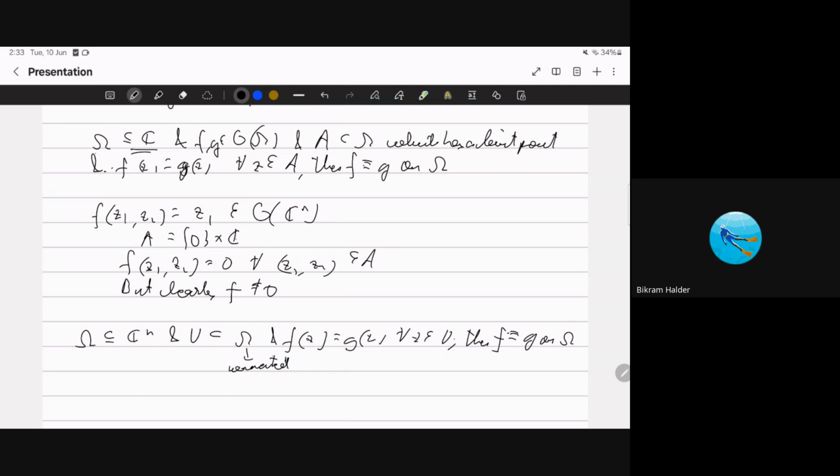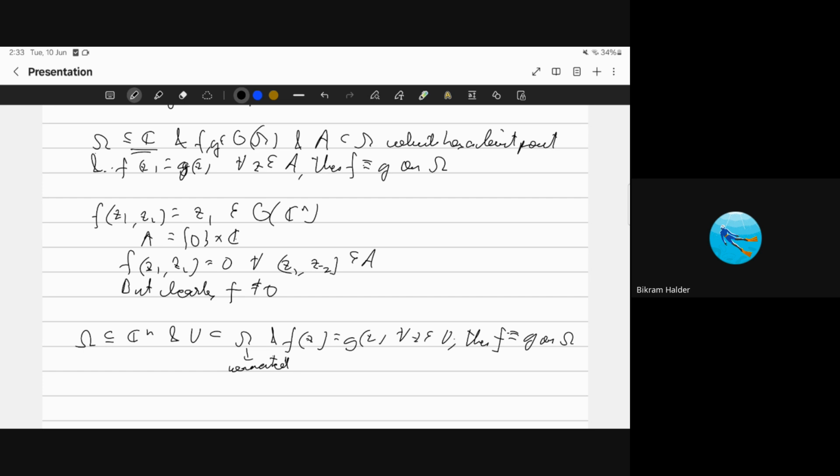So in some sense, because there are more dimensions in Cn, you can always find subsets which have limit points but are not of the same dimension as the entire set, as the entire Cn.